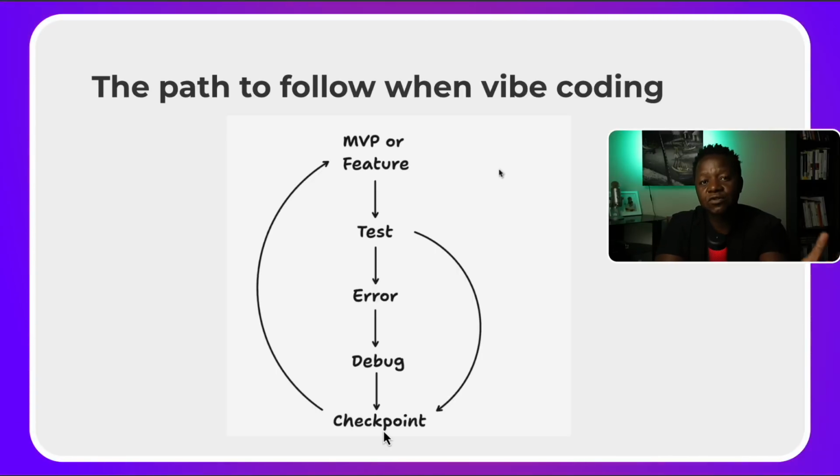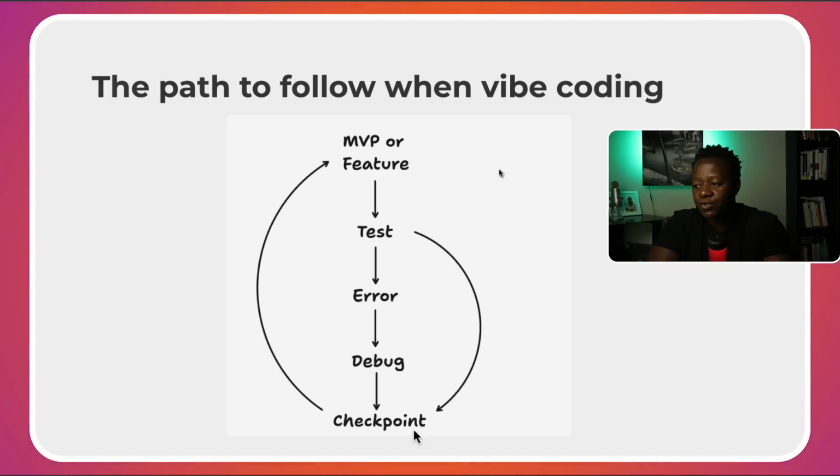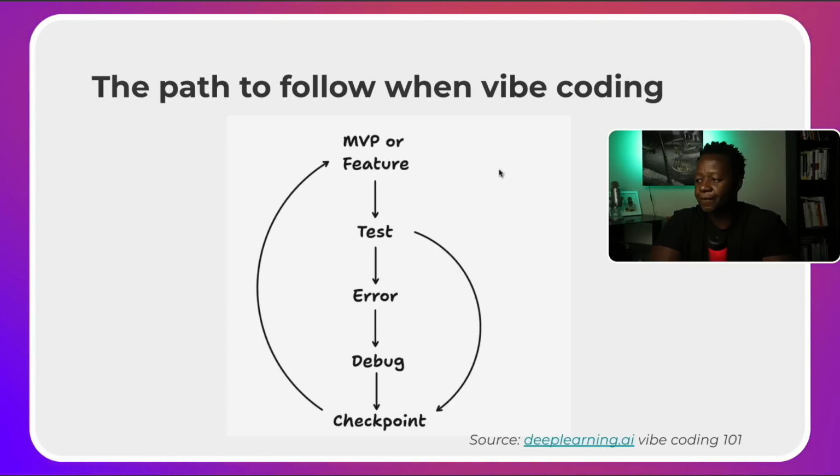Most of these AI agent tools are able to create a checkpoint each time you are vibe coding, so you can always roll back to that checkpoint. Okay, so you can go back to MVP, feature, and continue the cycle. This is the path they said to follow, and I agree with it. So again, you can find deeplearn.ai Vibecoding 101 to get a fuller picture of what this is all about.